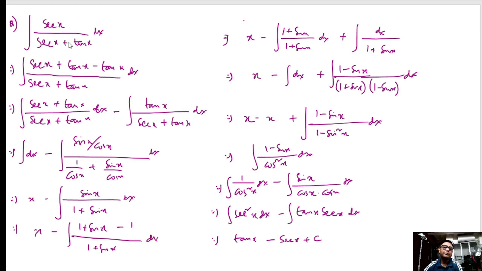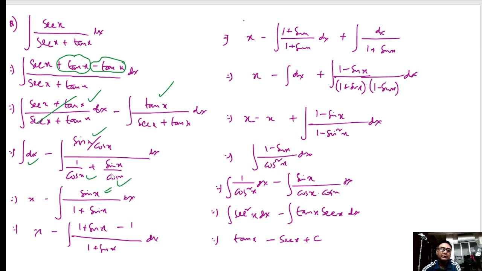Next, this. So what we are doing from here is, please watch, we are adding tan x and minus tan x. So this by this and this by this we did, so this cuts out. It is only 1, which is dx. And this we are breaking into sin x and cos x.